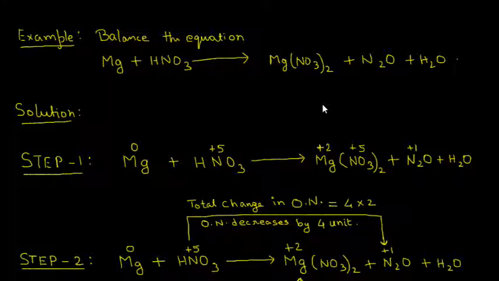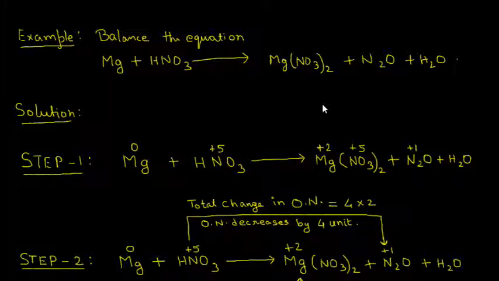This is very important, so I will give some more time to review this process again. We have to balance the equation Mg plus HNO3 gives Mg(NO3)2 plus N2O plus H2O. There are 5 steps to balance this equation. In step 1, we write the oxidation number above the elements.